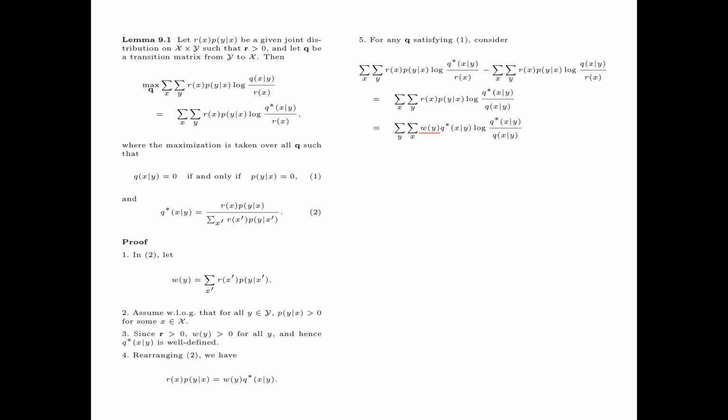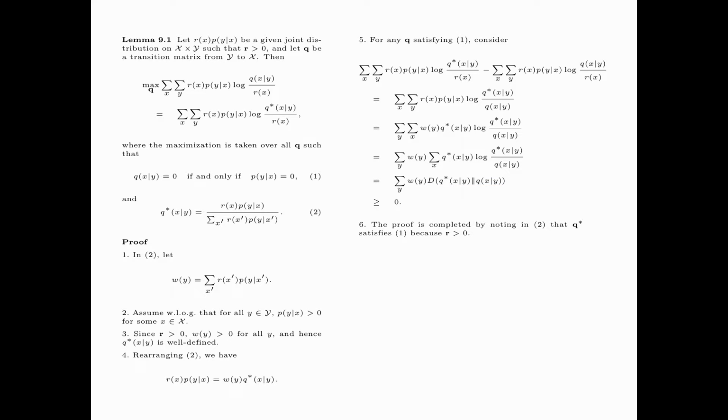Now w(y) does not depend on x, so it can be moved outside summation x, and the inner summation, that is summation x Q star(x|y) log Q star(x|y) divided by Q(x|y), is simply the divergence between Q star(x|y) and Q(x|y). And evidently, this is greater than or equal to 0.